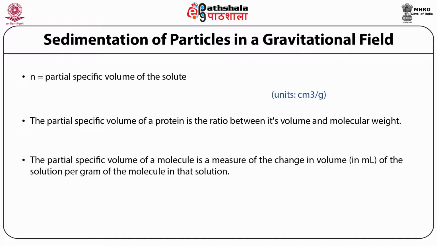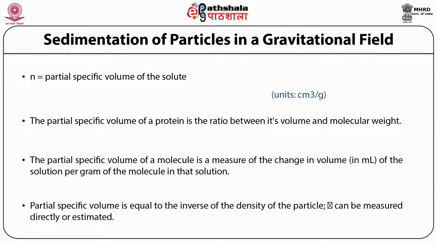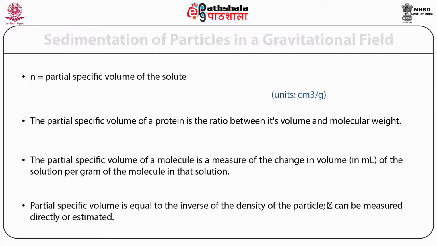The partial specific volume of a molecule is a measure of change in volume of the solution per gram of the molecule in that solution, and the partial specific volume is equal to the inverse of the density of the particle. So, V can be measured directly or estimated. It is a very important parameter that has to be considered during the ultracentrifugation process.